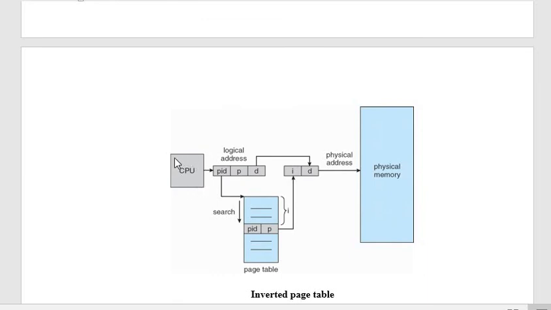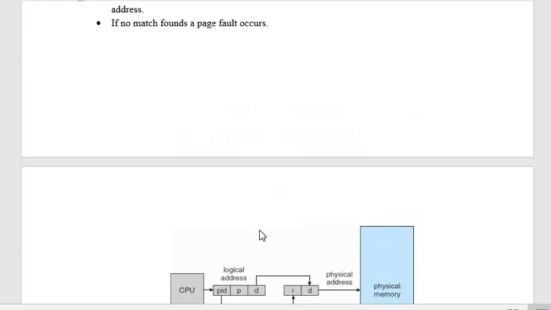When the CPU generates the address, it has a logical address in this way. We have three entries here: PID, the process ID, P, the page number, and this is the offset. When it generates the logical address in this way, the combination of PID and P will be fetched, and that combination will be searched in the inverted page table.